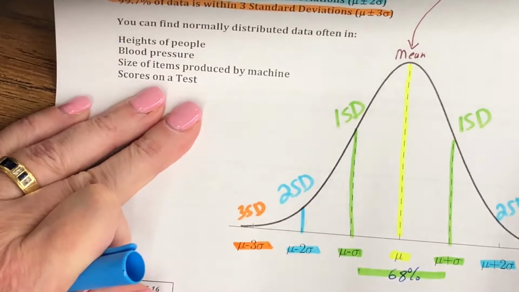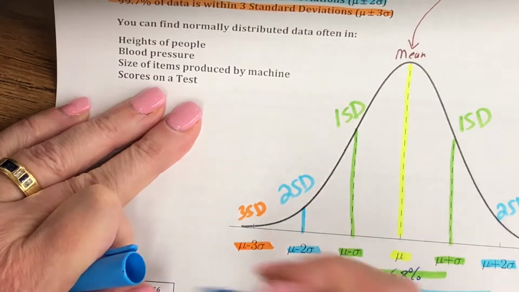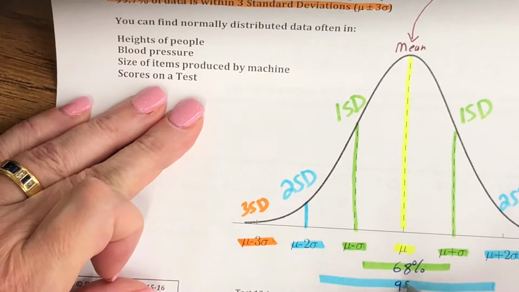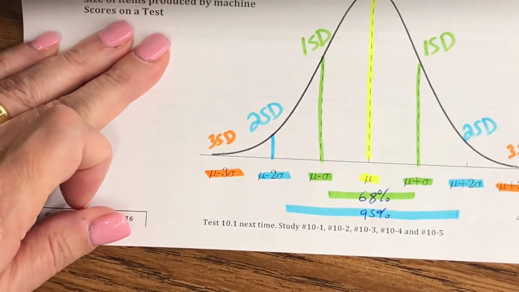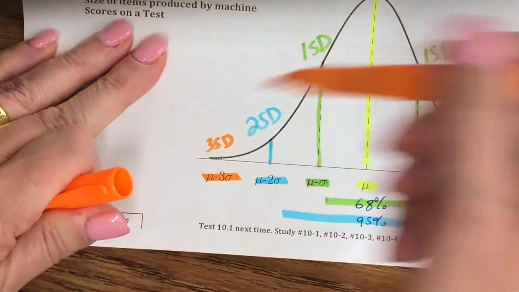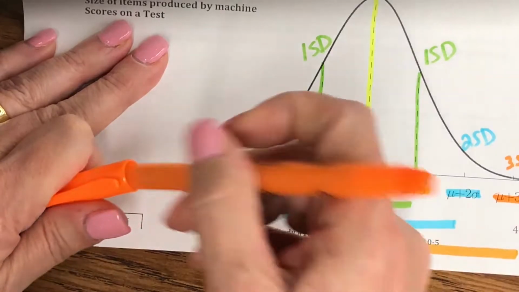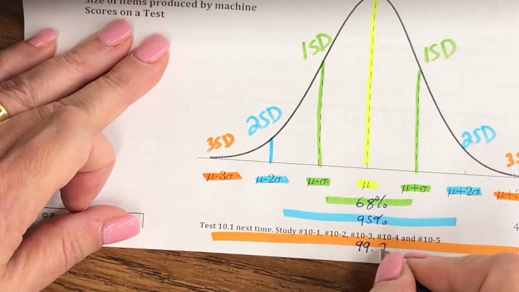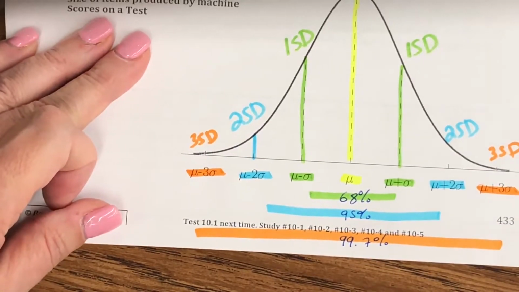Within 2 standard deviations, that is 95% of our data. And within 3 standard deviations, that is 99.7% of the data. So we need to remember that.